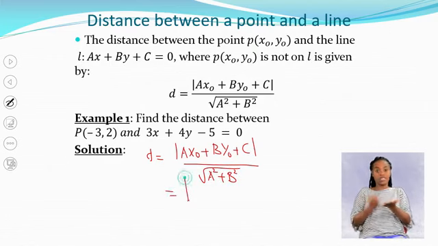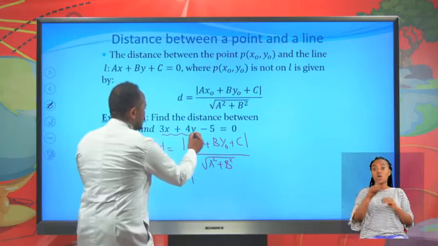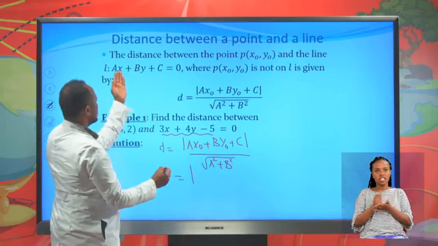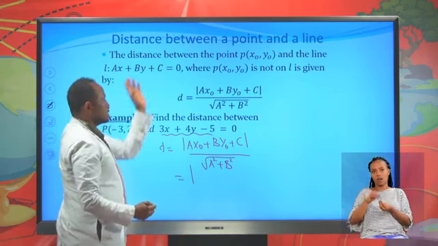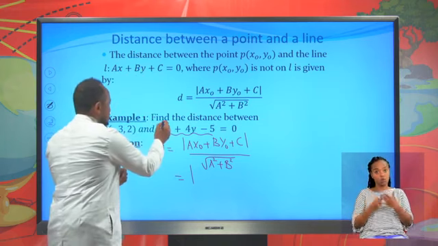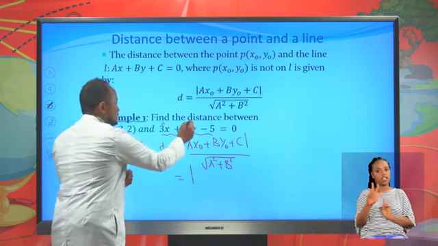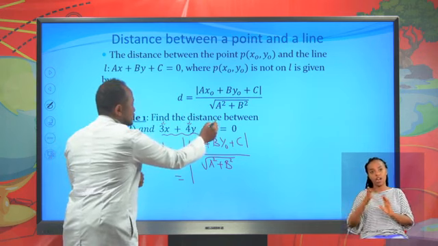The equation must be written in this form, first ax + by + c. So our a is 3, our b is 4, and our c is negative 5.